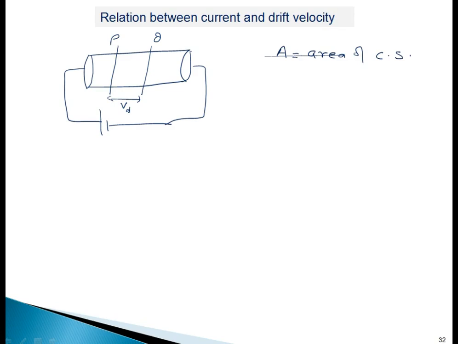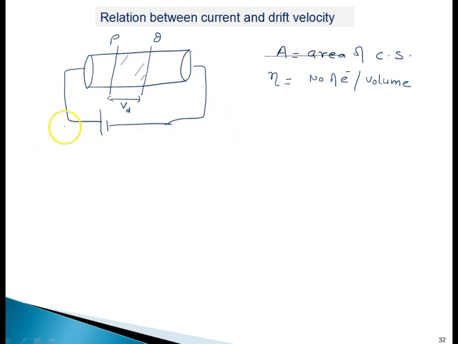Now if I say n is the number of free electrons per unit volume, can you tell me how many electrons are there between these cross sections?